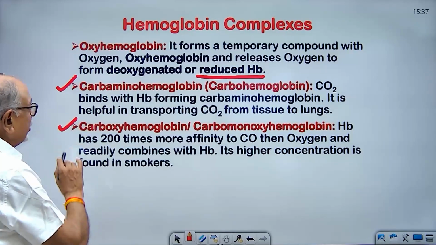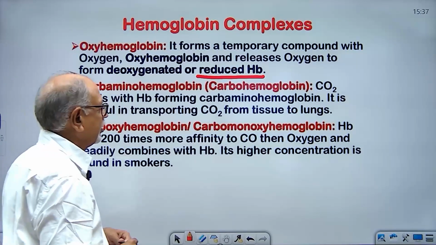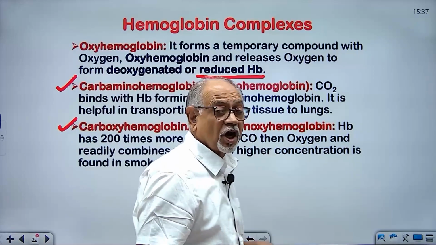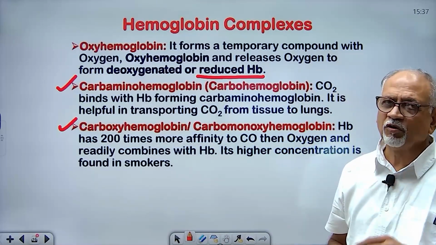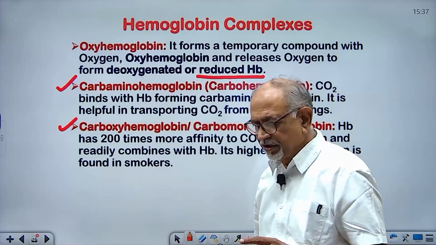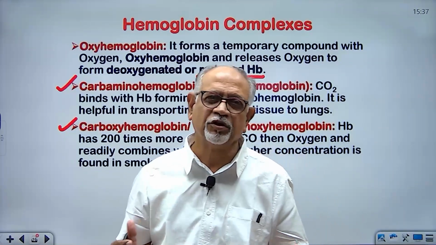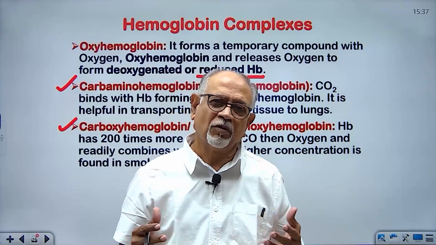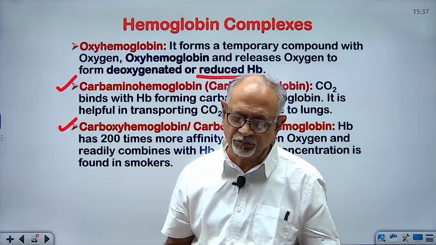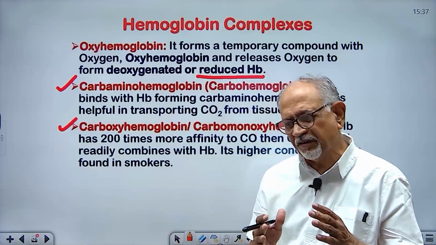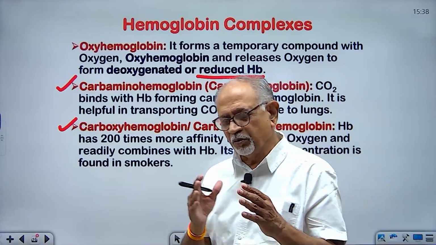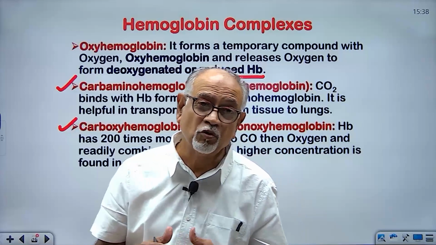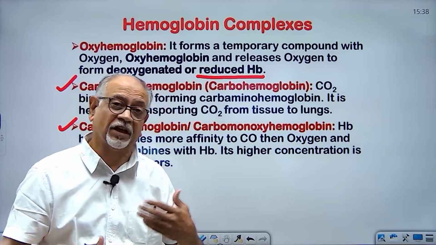Another, and very important, is carboxyhemoglobin or carbon monoxyhemoglobin. You know, carbon monoxide, which is largely produced in automobile exhaust, has an affinity to hemoglobin which is 200 times more than oxygen.